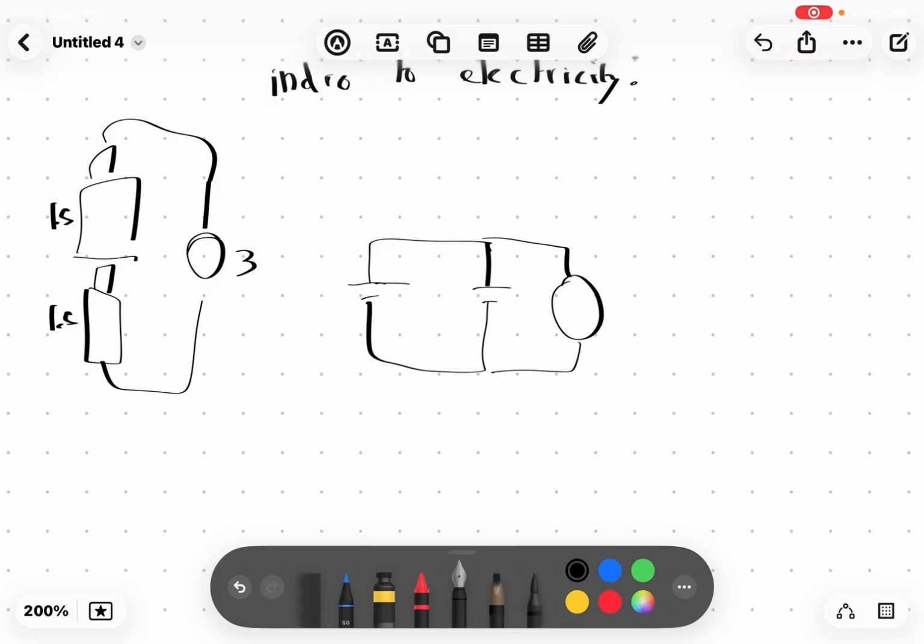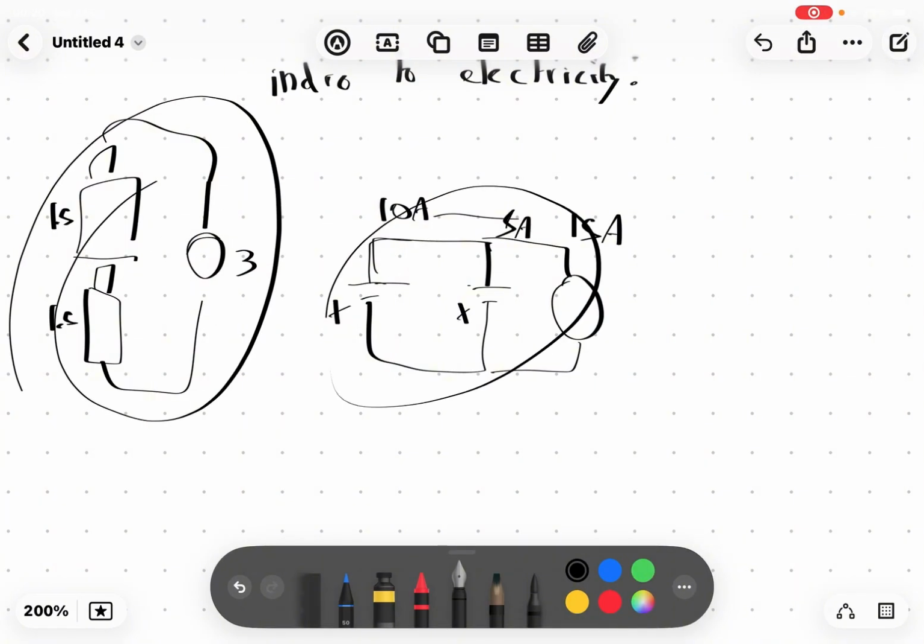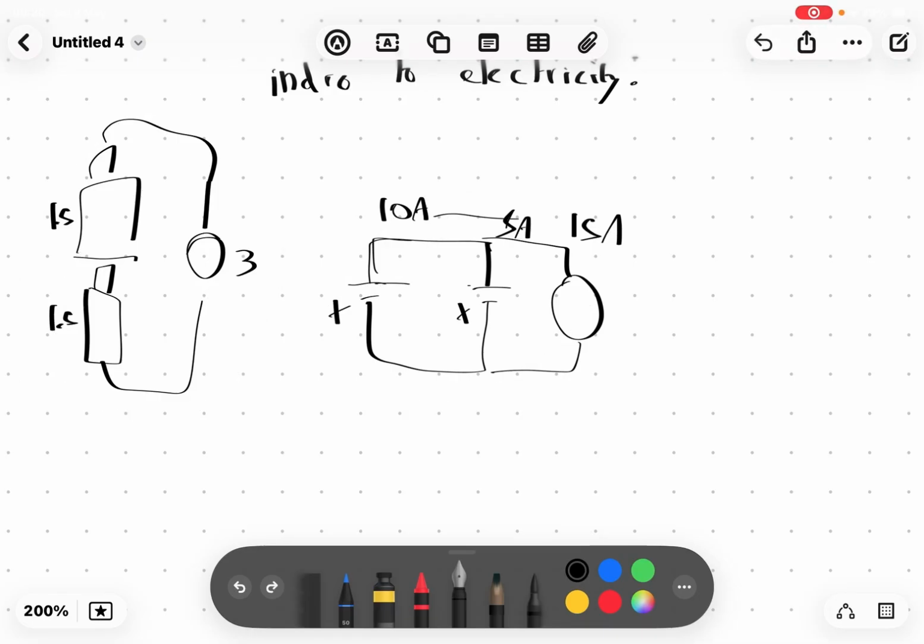Let's say this battery, when it's on, gives a current of 10 amps, and when this one is on, it gives 5 amps. When these combine, they give 15 amps. In series, the voltage adds up like that. Over here, it doesn't. So just know the difference.